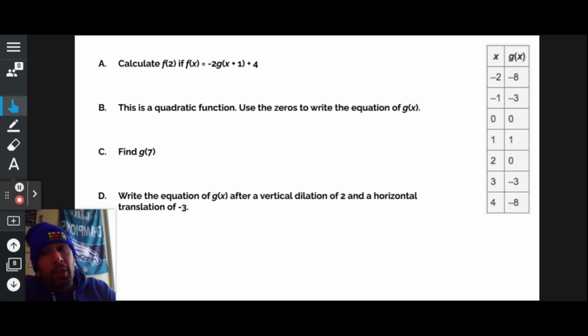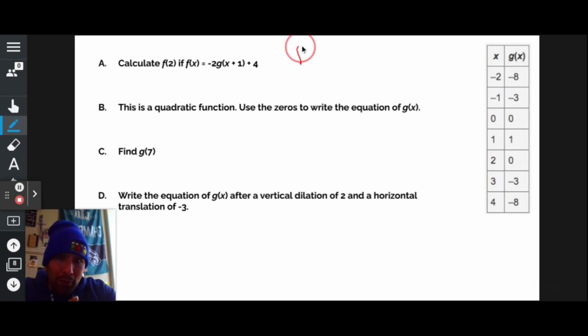And now it's 9:50 a.m. Calculate f of 2. So here's g of x. If f of x is negative 2 times g of x plus 1, plus 4. Okay. Well, f of 2 is going to mean that I rewrite this out and I do negative 2 times g of 2 plus 1, plus 4.